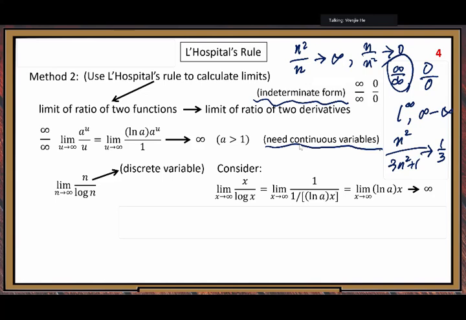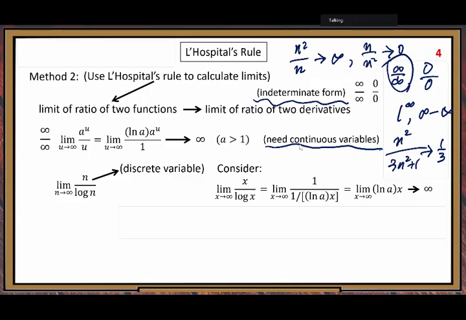So here you can see, after we switch it, the same ratio, the only difference is that we change from a discrete variable to a continuous variable. So we can apply L'Hopital's rule, and we get the result. After we get this infinity answer, we need to go back to the original ratio.